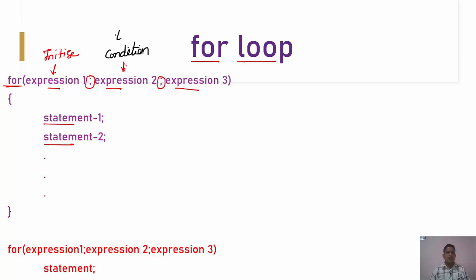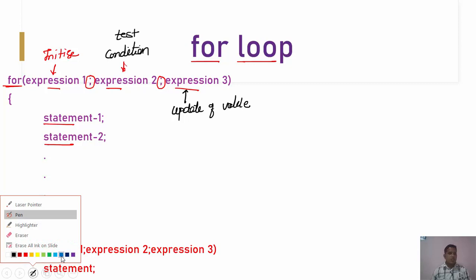Expression 3 is nothing but a simple updation of the value. Just try to get this, it's the most important one. How have we defined the syntax? First the keyword for, then expression 1, semicolon, expression 2, semicolon, expression 3. Expression 1 is used to initialize the variable values, which is known as initialization. Expression 2 defines the test condition, and expression 3 is used to update the value.